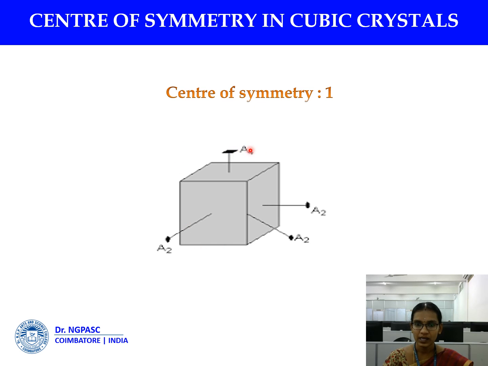If we pass a line from the top to the bottom through the center, we get the same distance from the center. Likewise, we can pass lines like this and like this, and we get the same distance from the center. Therefore, the center of symmetry in the cubic crystal is 1.